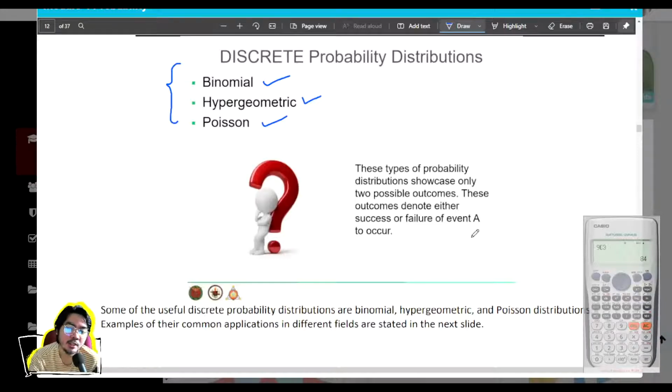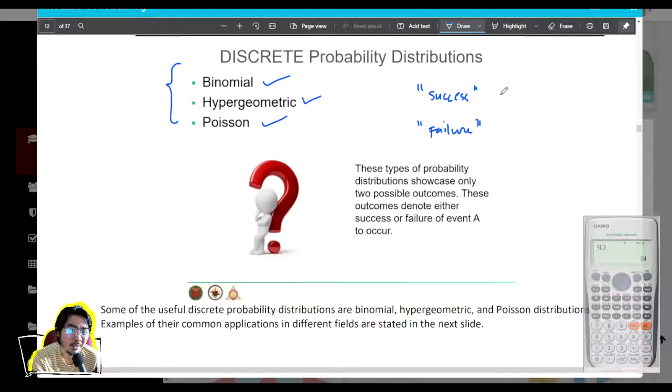ang important dito is yung term na success and failure, no? So, meron tayong term na success, meron ding failure. Okay? So, ito lang yung 2 outcomes na gusto natin malaman from this discrete probability distributions, no?